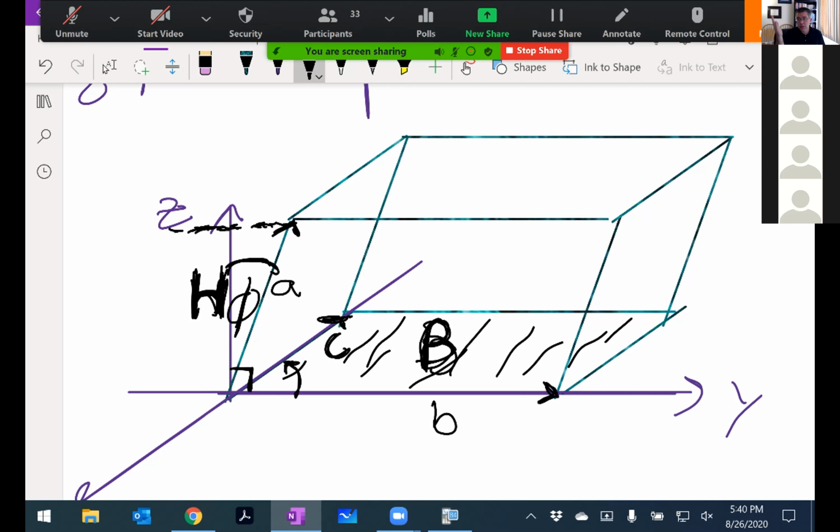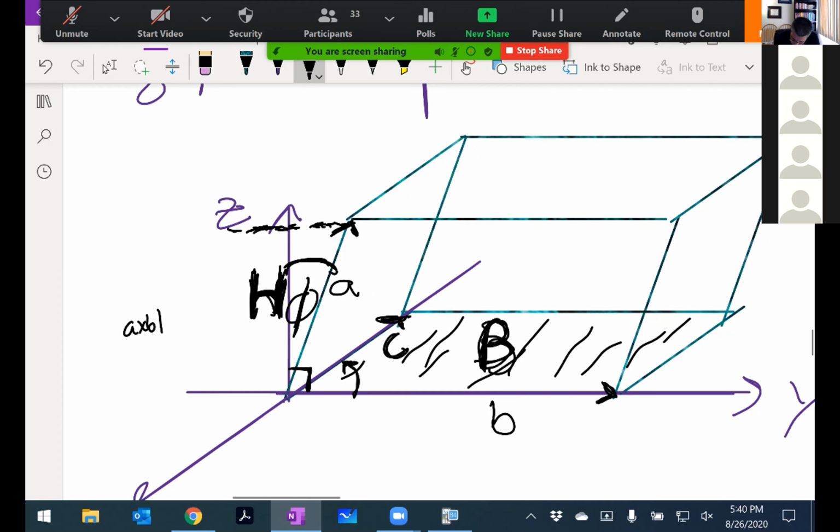It is not going to be H exactly, but it's going to be in the same direction as H. It's going to be a scalar multiple of H. So the magnitude of A cross B is equal to a scalar multiple of H. Right? It's going to be in the same direction as the height.